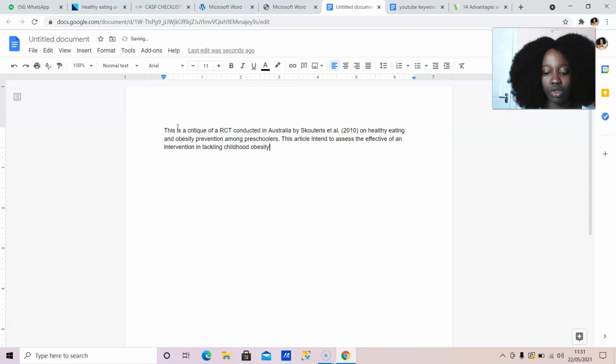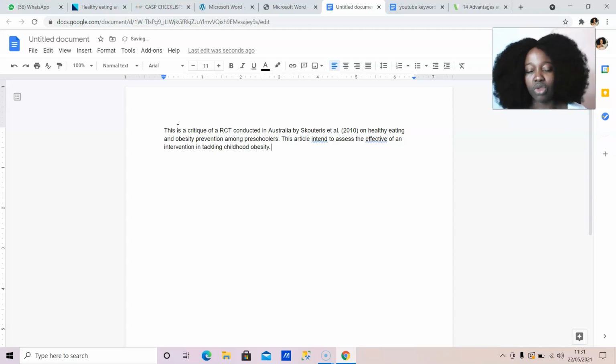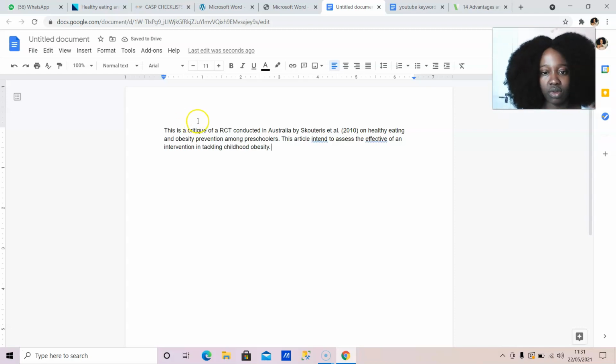Okay, so that's what the article is trying to do. So now what do I go on to do? Intends to assess effectiveness. Okay, so what do I go ahead to do from here?